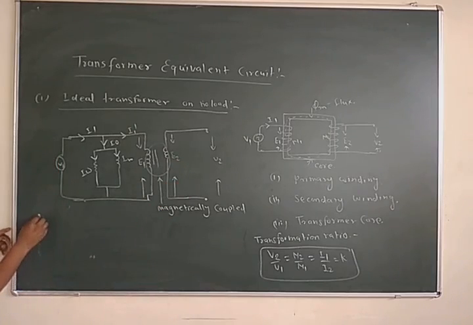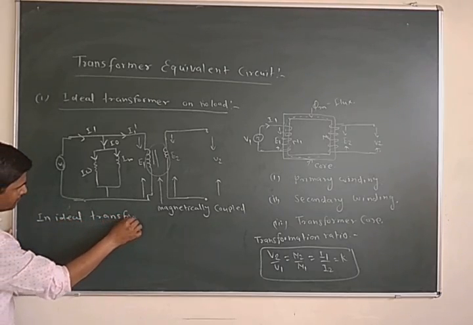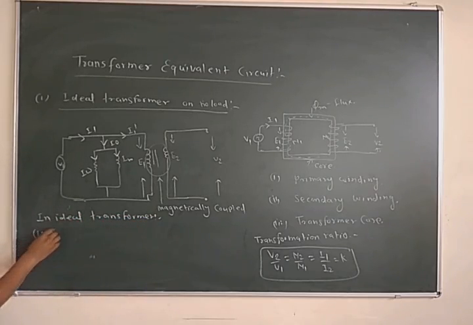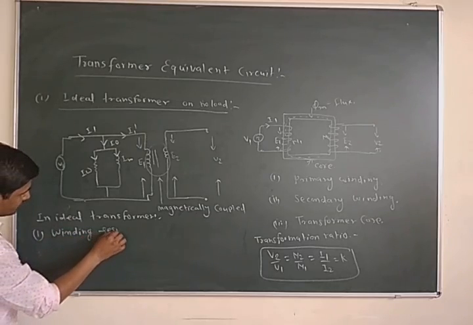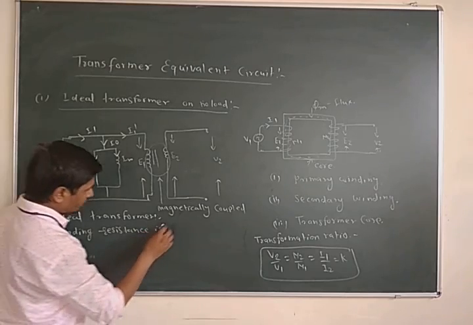Now, in an ideal transformer, the assumptions are: first, the winding resistance is 0.